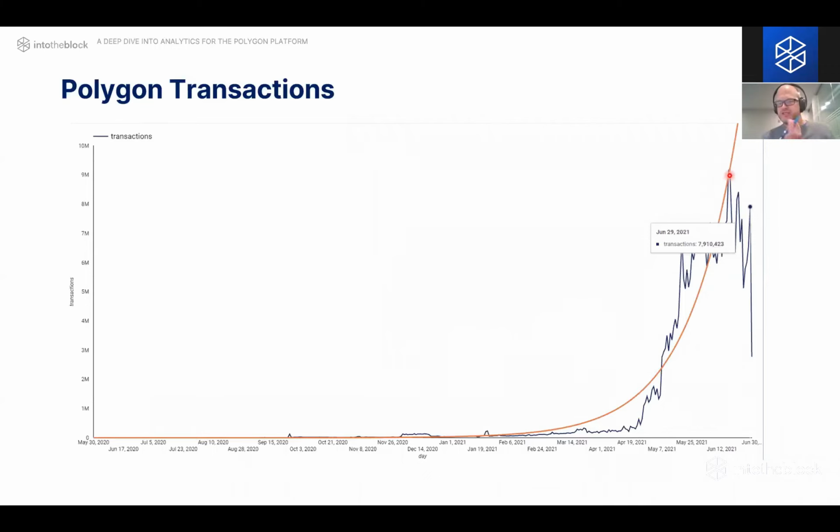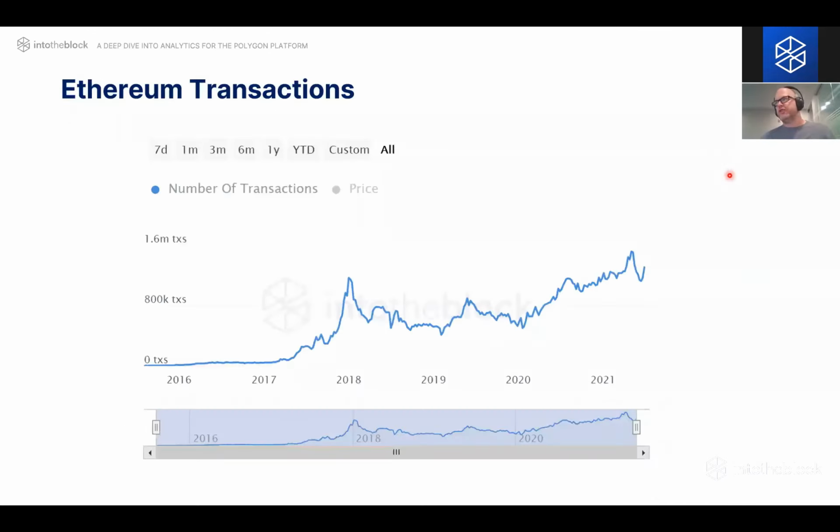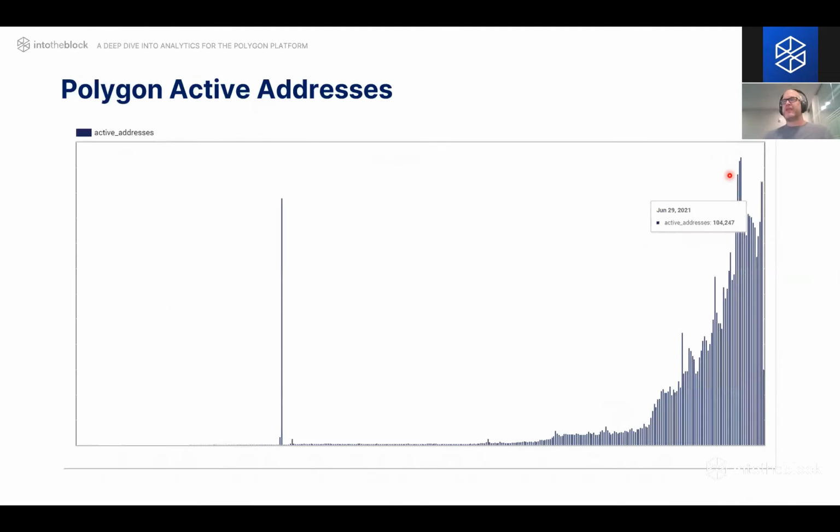And this is not lab data, right? These are transactions from real projects operating on the Polygon blockchain. So about a 5x difference between the two blockchains, which gives you an idea of the scaling capabilities of the Polygon blockchain.